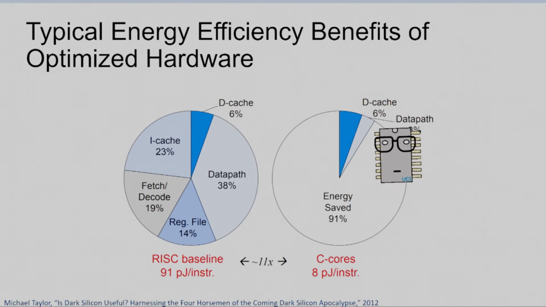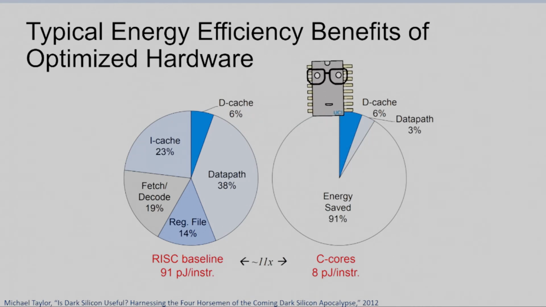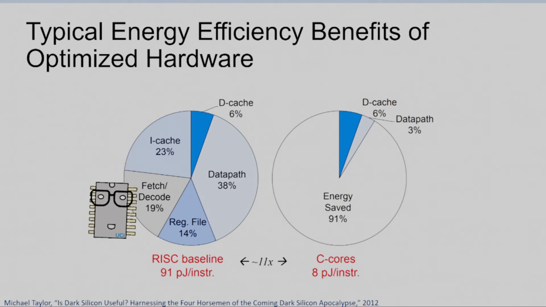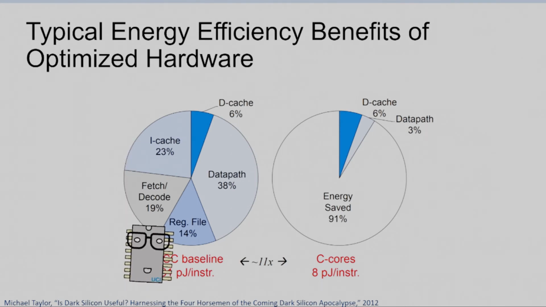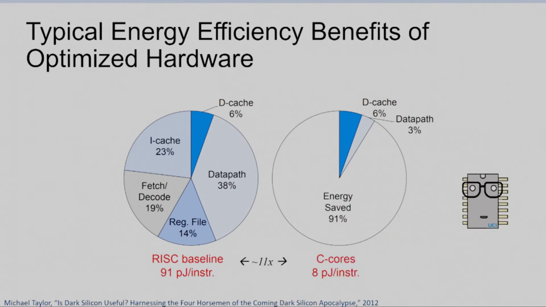Power efficiency becomes exponentially better with optimized cores. We may need the data cache because data caches are useful, but things like the instruction cache, the fetch and decode units, and the register file, etc., we don't need any of that when we are building a bespoke optimized core for a particular application, resulting in an order of magnitude, it says 11x here, performance power efficiency improvement over general purpose cores.